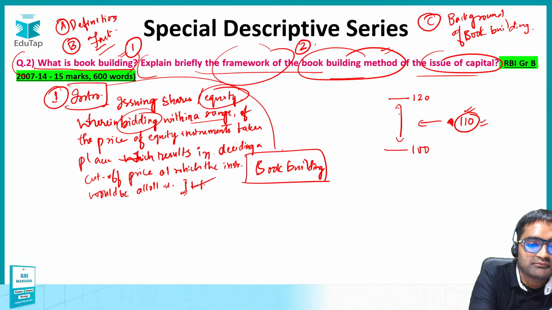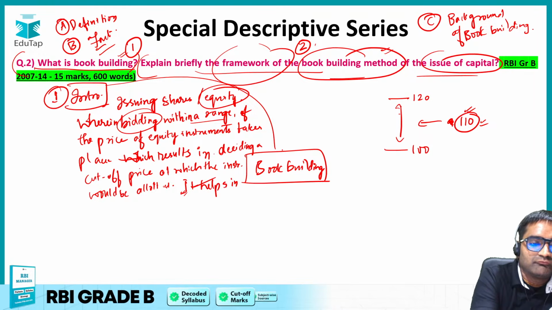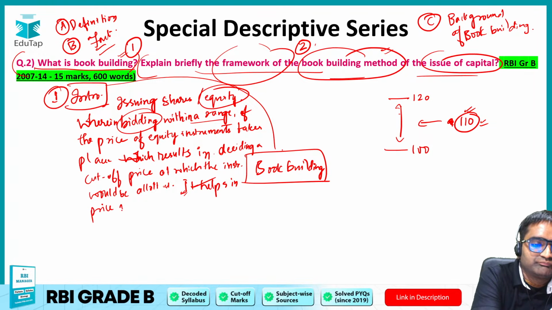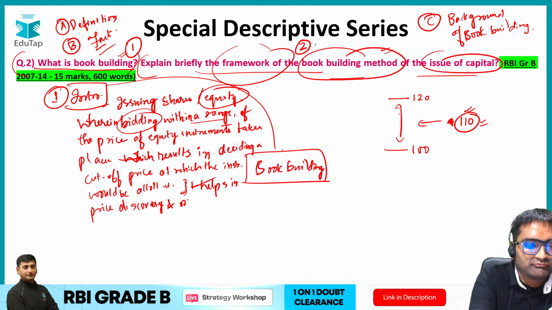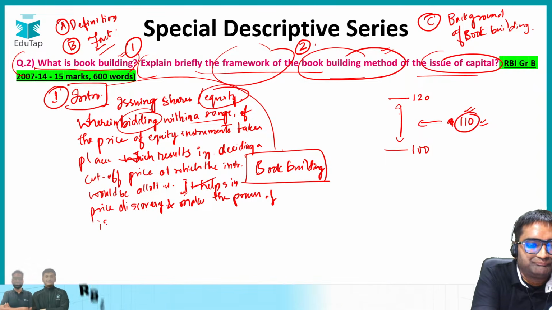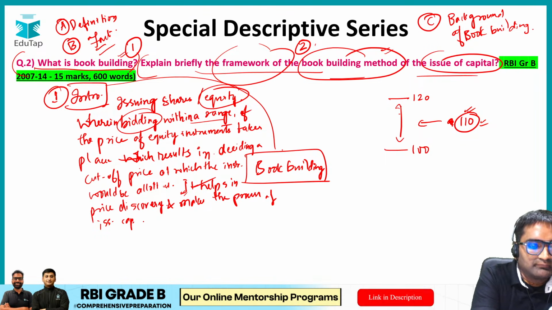It helps in price discovery. It makes the process of issuing capital easy, or you can say simple.